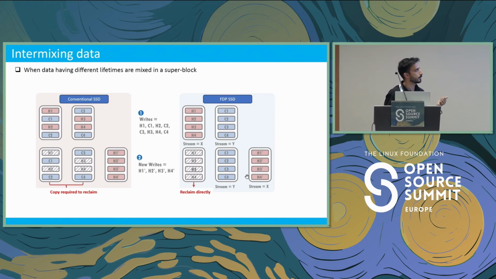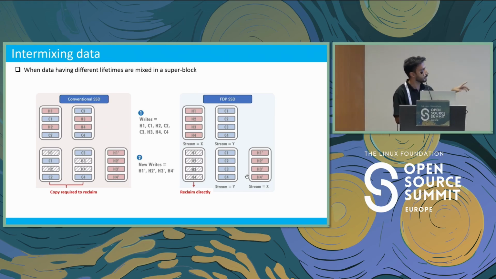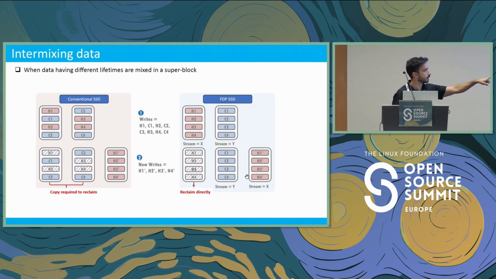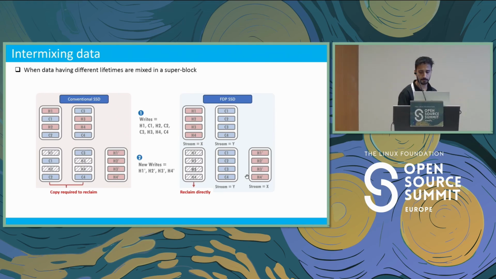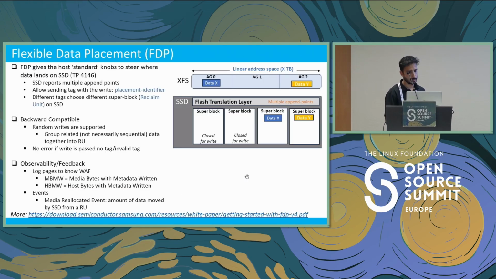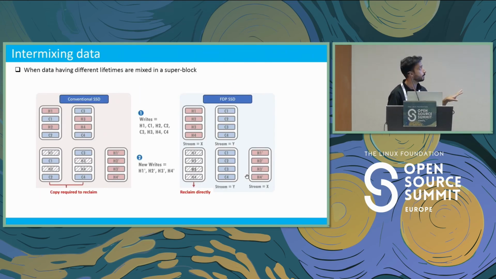So there is no extra read and no extra write. That actually means that in this case the write amplification would be 1, while in the other case the write amplification would be more, because the SSD is writing more than you asked for. And all this happened because the different lifetimes were intermixed into a particular superblock.